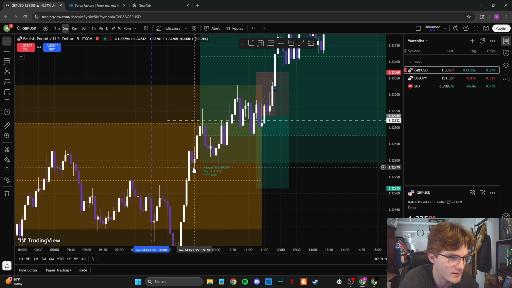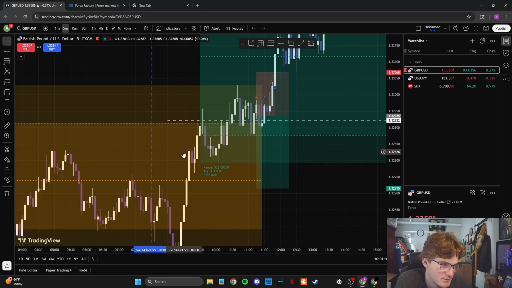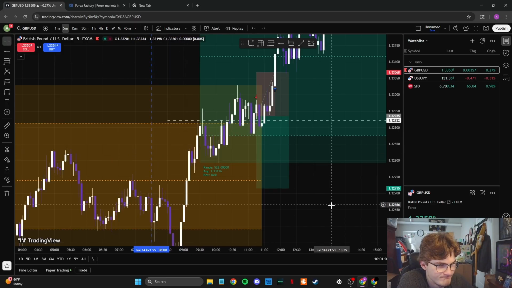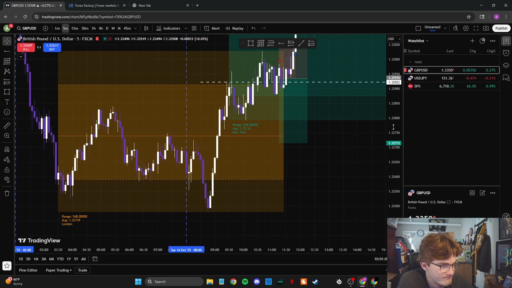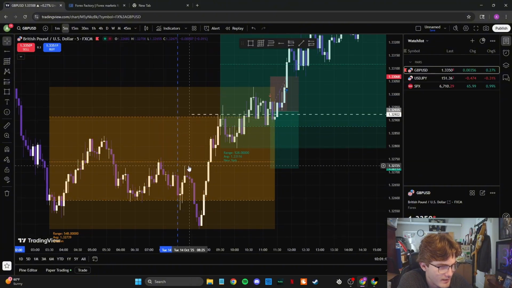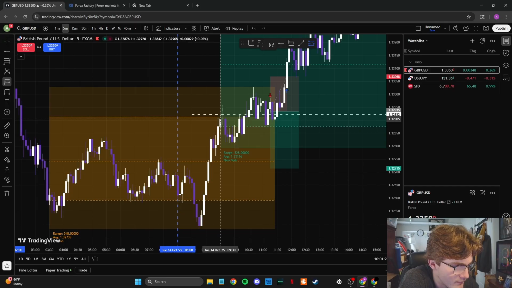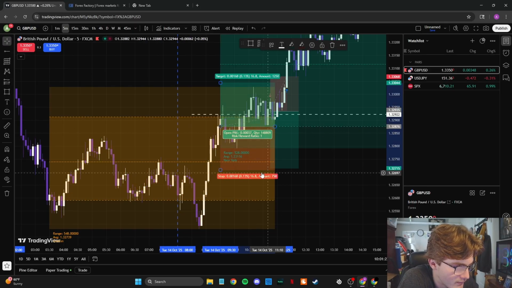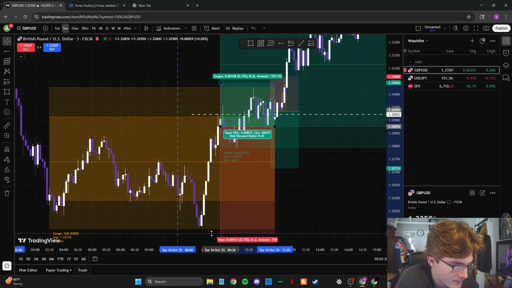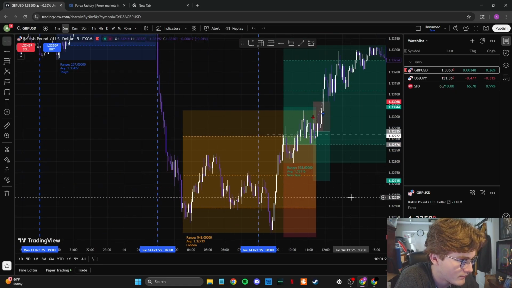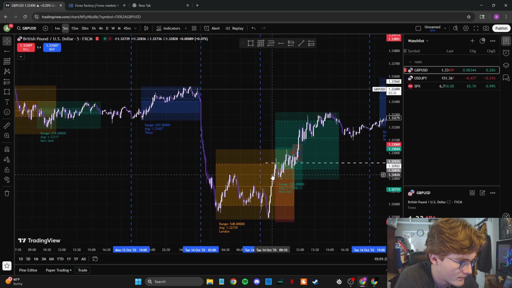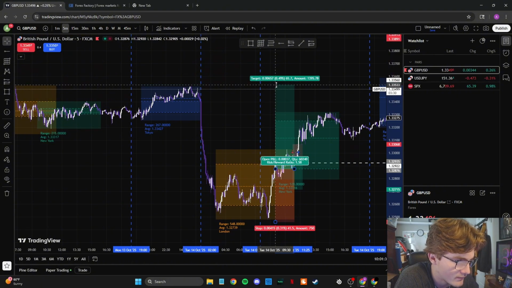Probably going into the trade up here, probably off this candle, if this is when it opened. We put it down here a little bit, and we go back up to here.